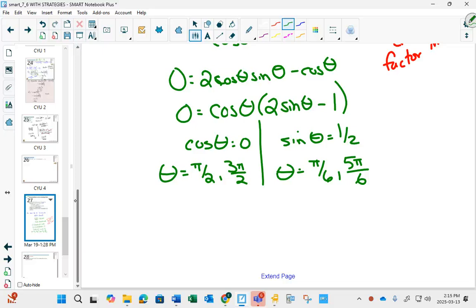So this is an example showing you how sometimes you have to change to sine and cos, multiply to get rid of fractions, and if there's something in common and you want to get rid of it by dividing, factor instead.